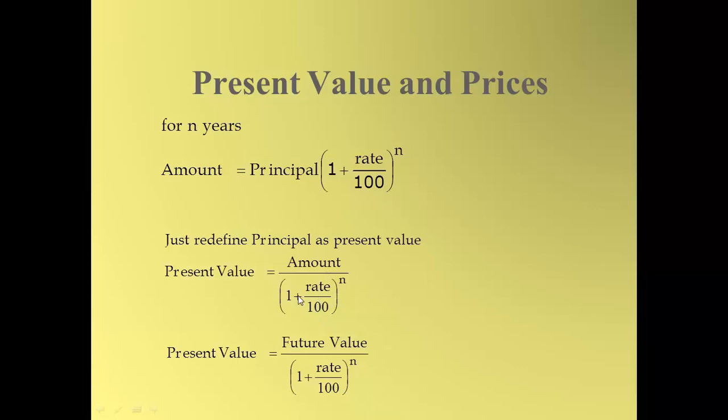So I can add that, 1.05 to the power n. So please remember this when we talk about rate of interest. So present value is future value divided by 1 plus rate to the power n. Or future value is present value times 1 plus rate to the power n. That's what we saw here. Future value is present value times 1 plus rate to the power n.